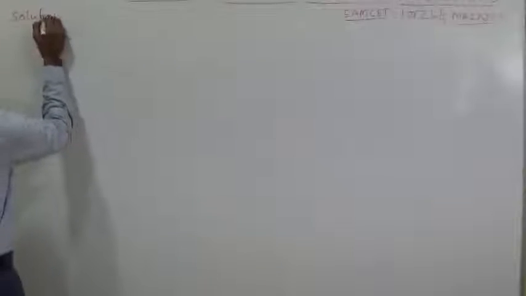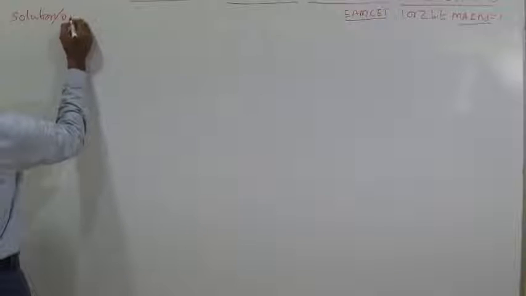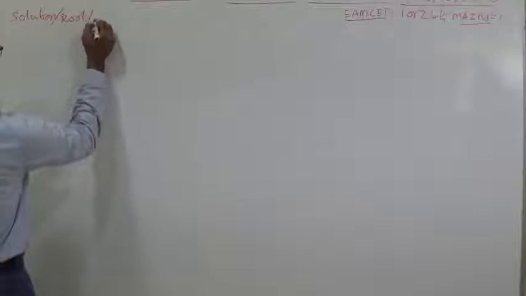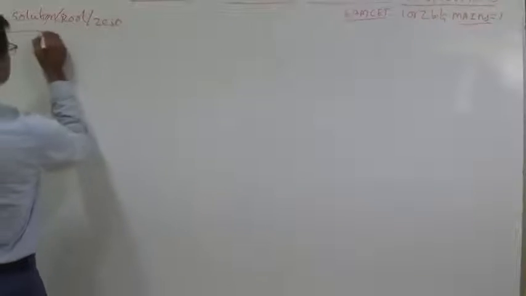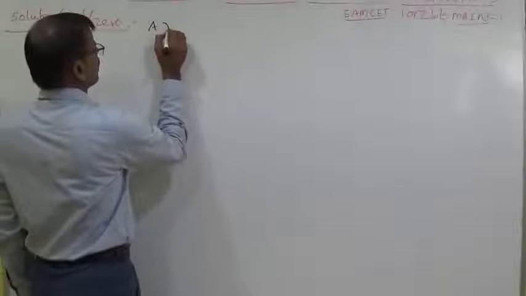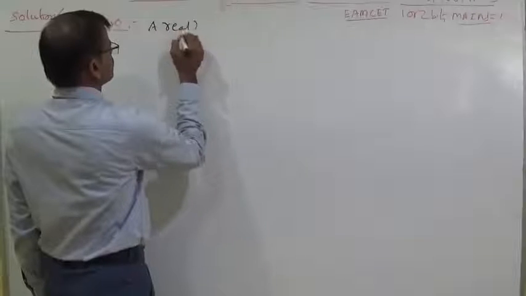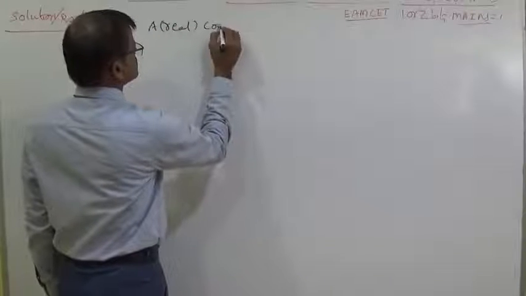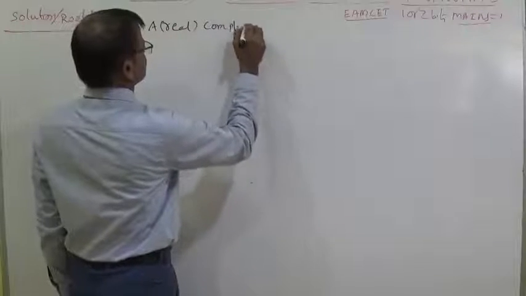You can put a side heading now: solution or root or zero. Now we can write: a real or complex number. Somebody used to say simply complex number.